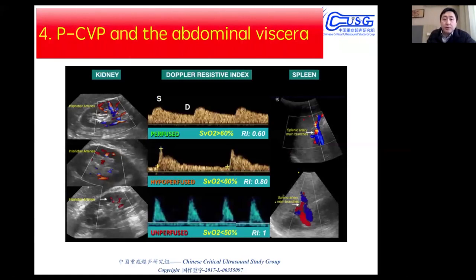Also, the CVP is a very useful marker to assess the risk to the abdominal organs, whether the organ is under hyperperfusion or hypoperfusion, and we will know the risk of injury to the abdominal organs.